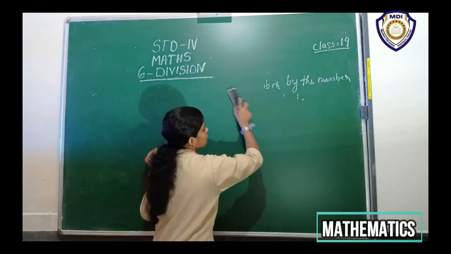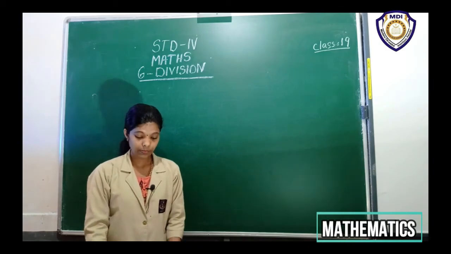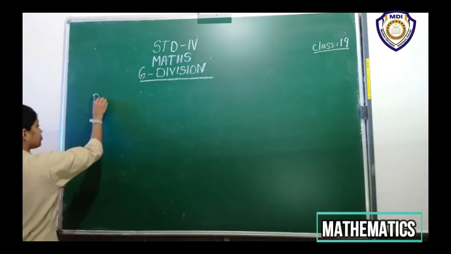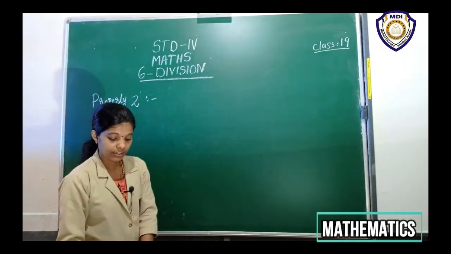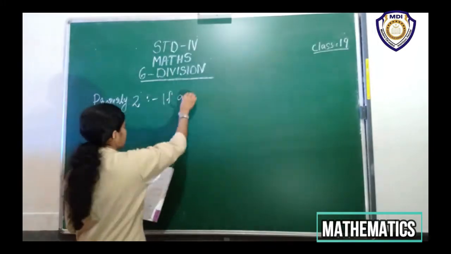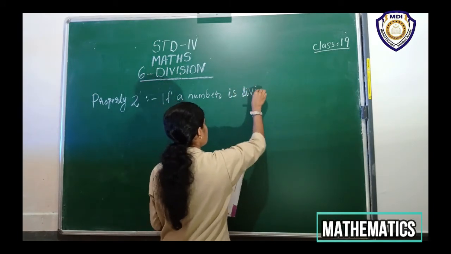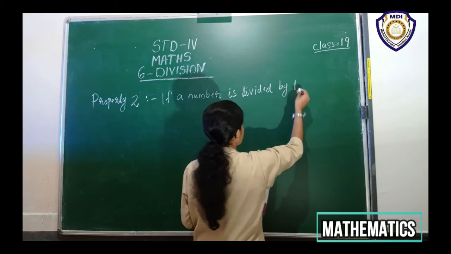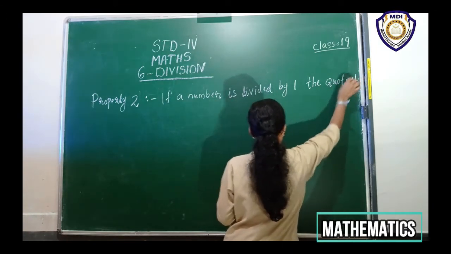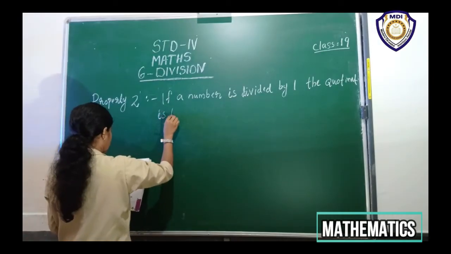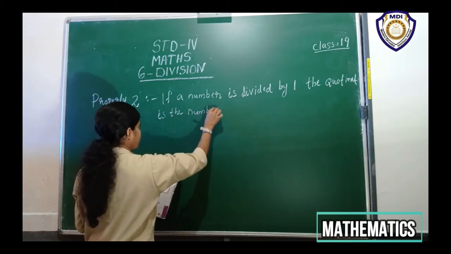Then property 2. What is property 2? Property 2, if a number is divided by 1, the quotient is the number itself.